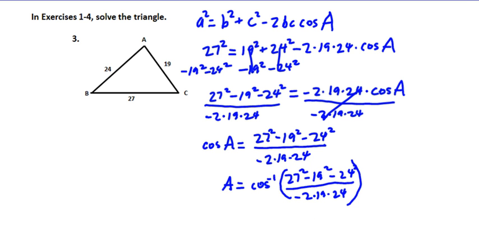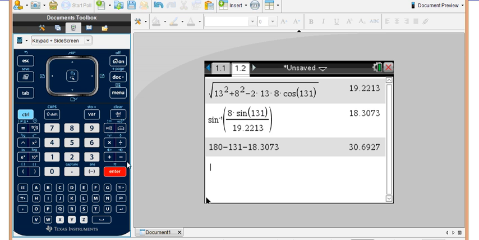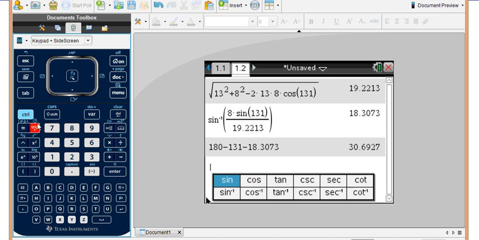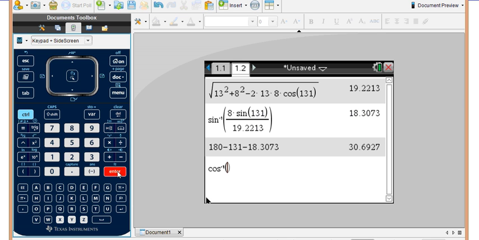So we go to our calculator, and we're going to go to inverse cosine. So we have 27 squared minus, I believe it is 19 squared minus 24 squared.